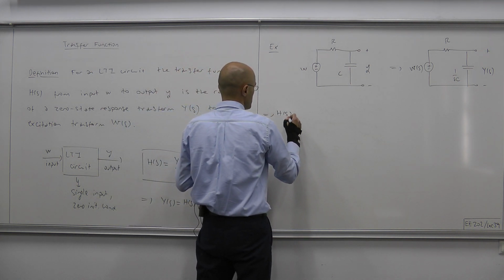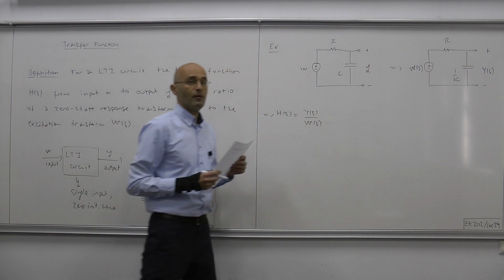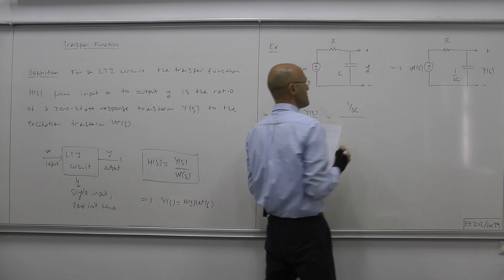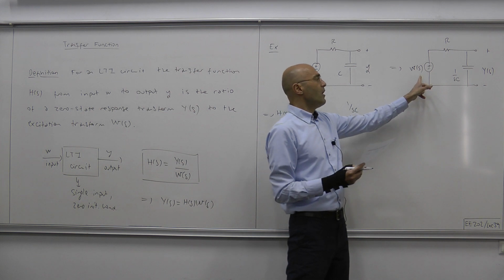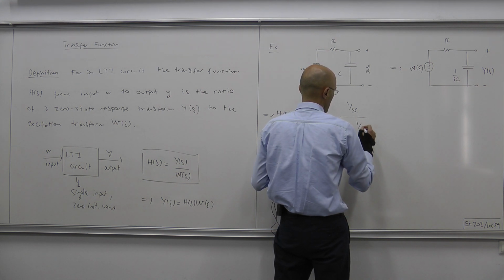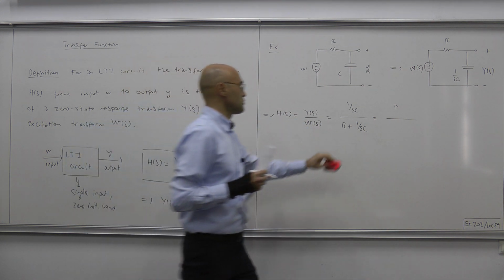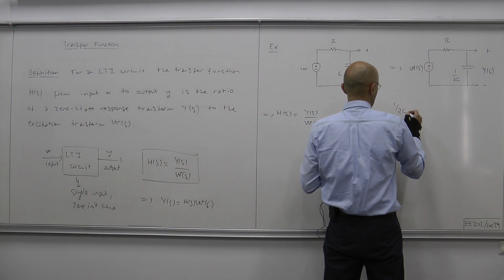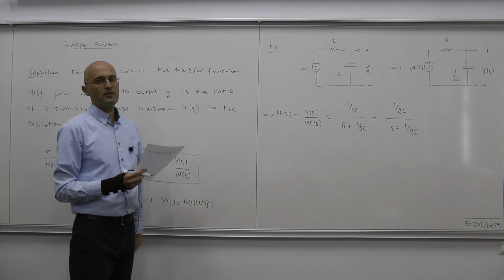H of S is Y of S over W of S, by definition, and that equals 1 over SC, the impedance of the capacitor, divided by the overall impedance seen by the voltage source, which is R plus 1 over SC, which reads 1 over RC over S plus 1 over RC. So that's the transfer function for that first order circuit.